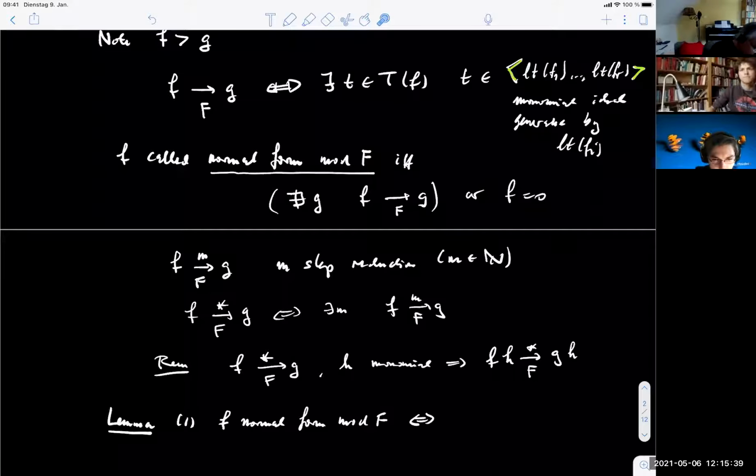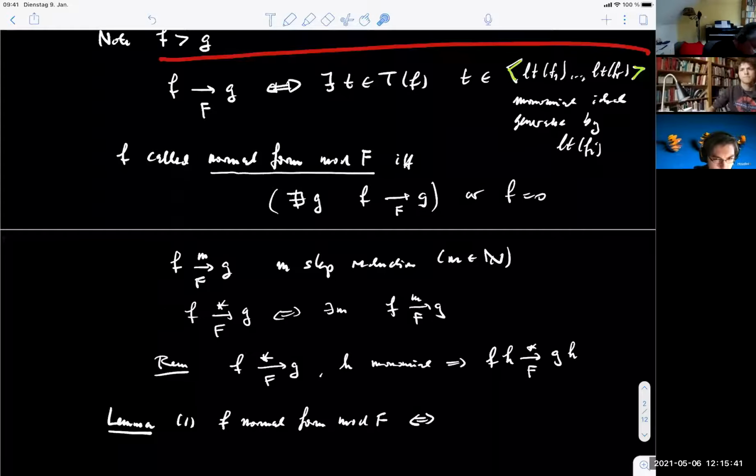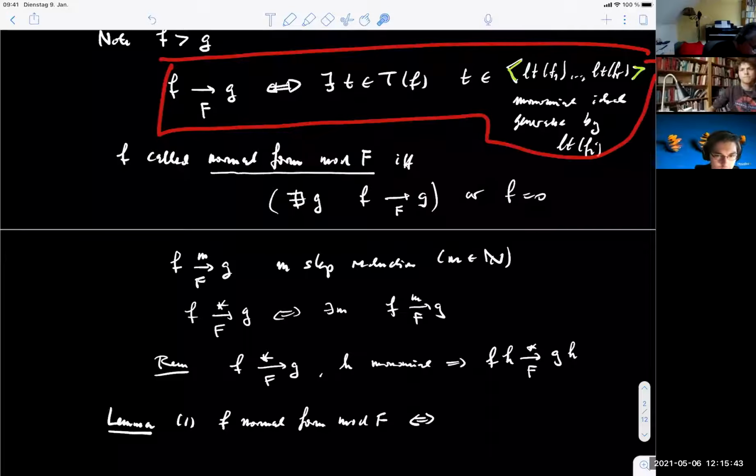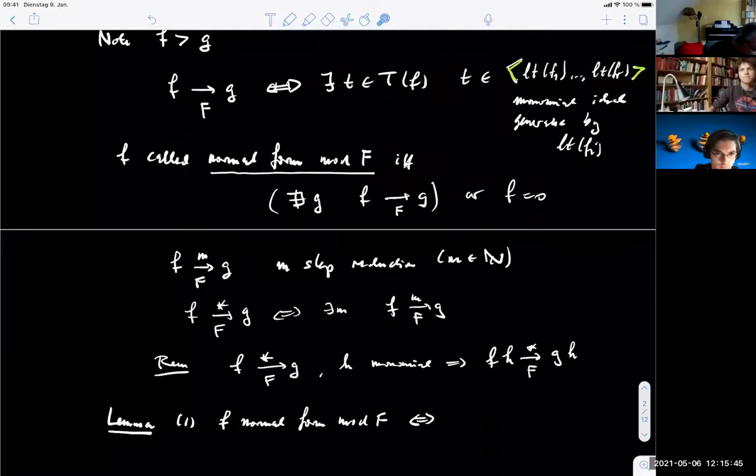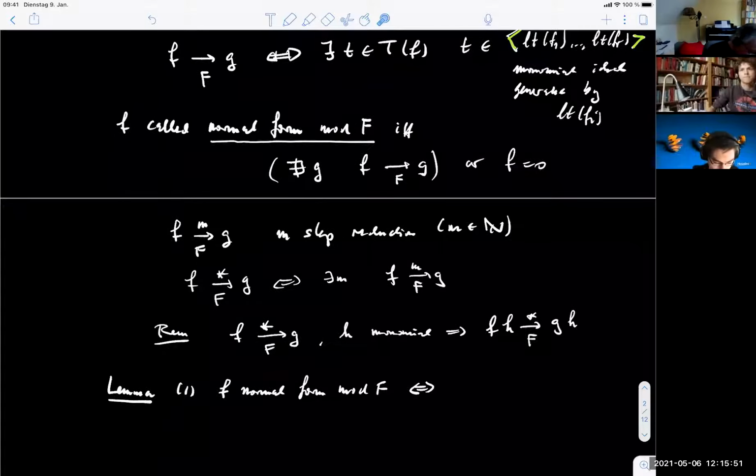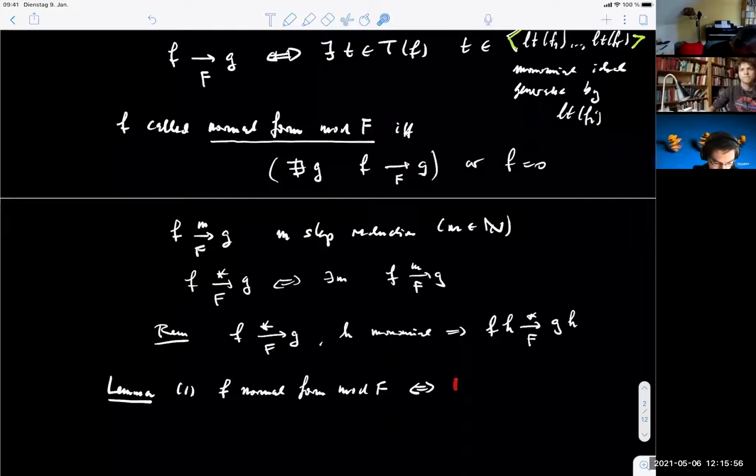Here, if you see, I expressed what it means to have a reduction. Now, this cannot be possible. So this means there is no term of f which is in this monomial ideal. So I can just write it this way. The set of terms of f is disjoint from the monomial ideal generated by the leading terms of the fi.